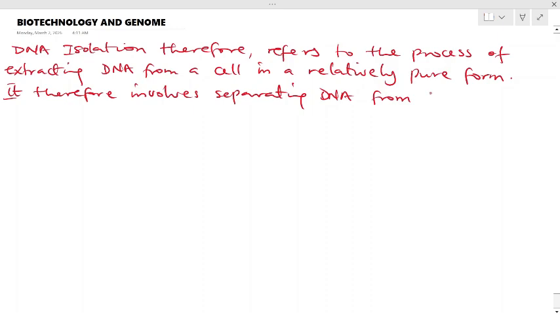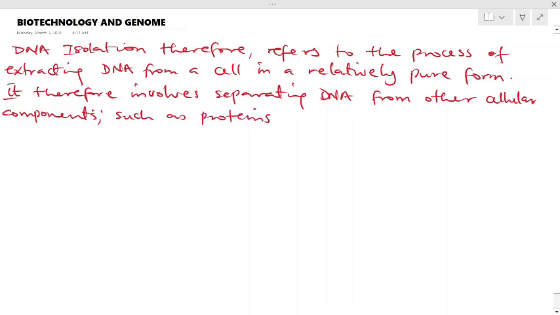Therefore it involves separating DNA from other cellular components, such as, of course, your proteins, RNA, and lipids.